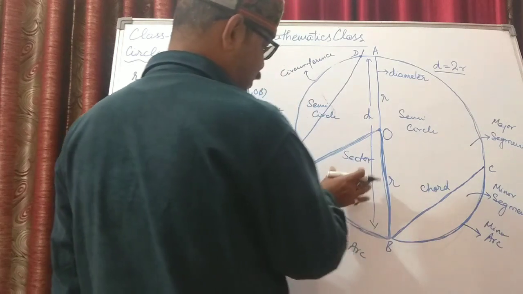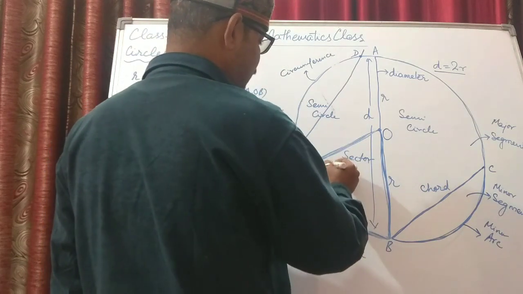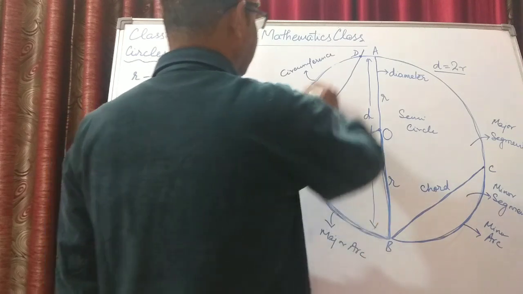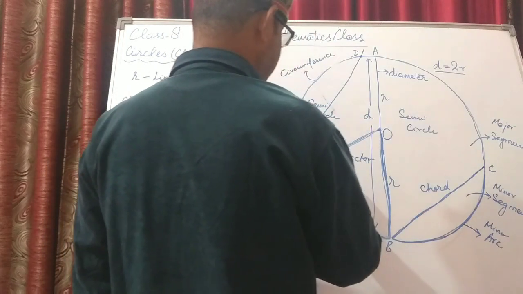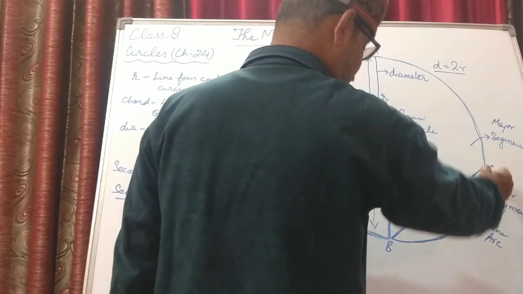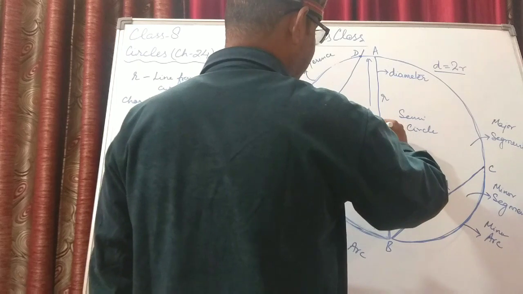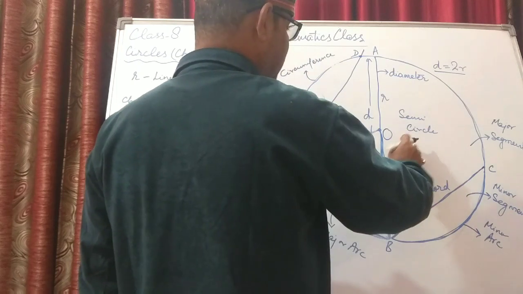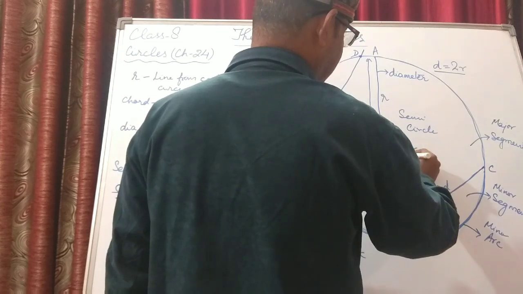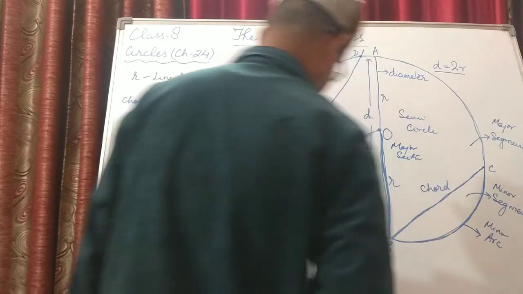Sector of the circle. Since this is the smaller part, this is known as minor sector, whereas this total part, means F E D A C B, is the major sector. So you can say this is major sector.